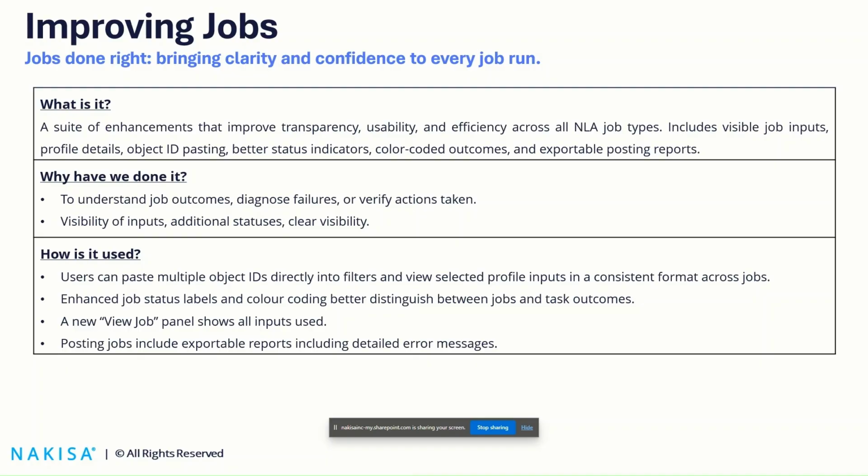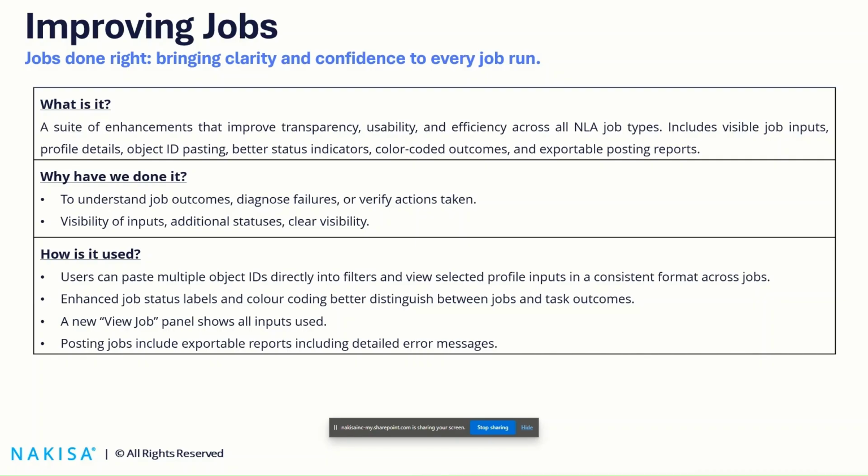We also have a better status indicator and color coded outcomes, which are going to help you identify if the job finished completely with no errors, or partially completed, or completely failed, or there were no jobs to run. And also the exportable posting reports. When the job is completed, you can export the file in Excel.